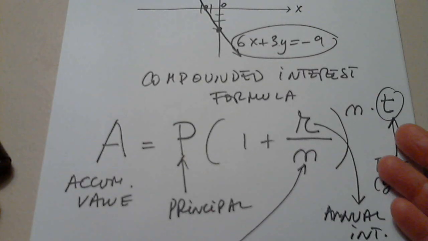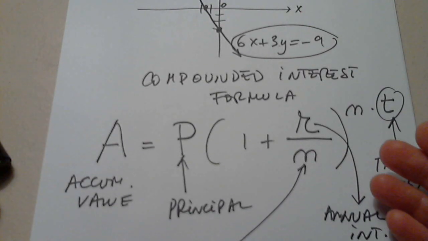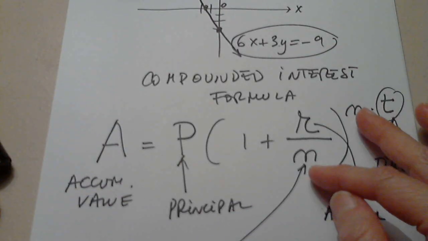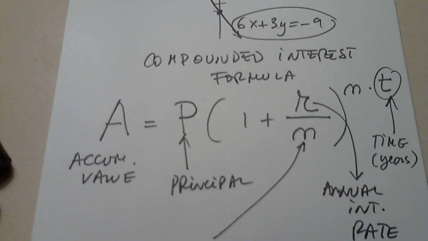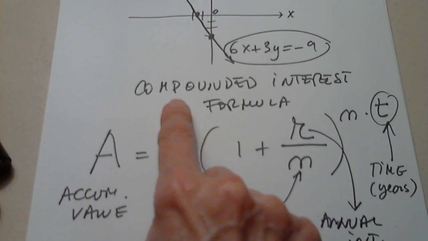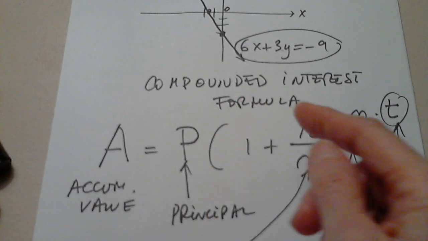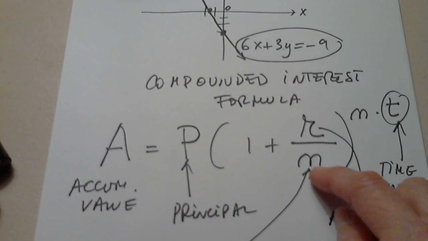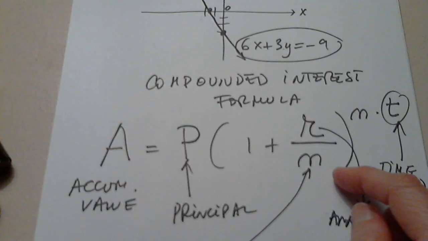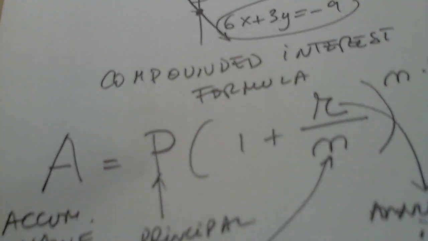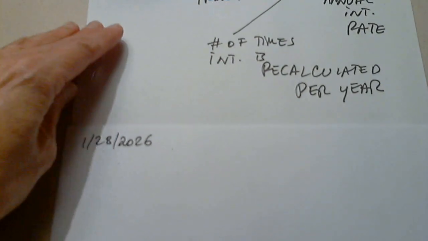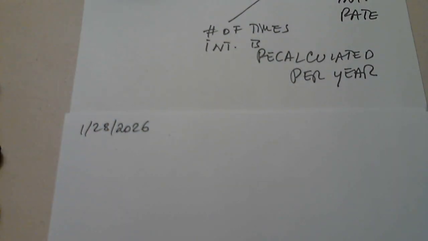And let's suppose the bank recalculates the interest, let's say every month. And that's the number of times per year the interest is recalculated, compounded, in other words. So n is the number of times. So since there are 12 months, n will be 12. So in order to calculate something like this, since I put in some numbers, let's just work on it quickly.